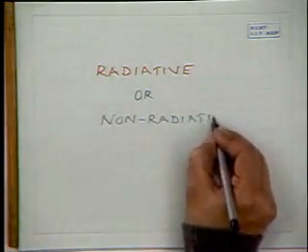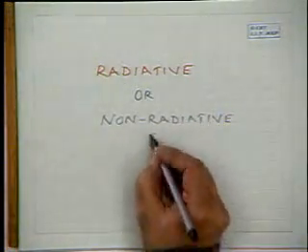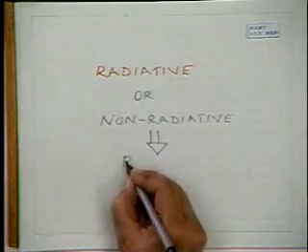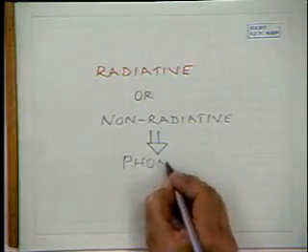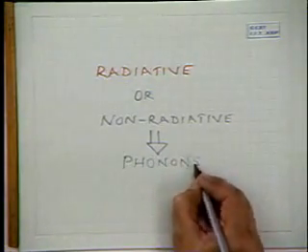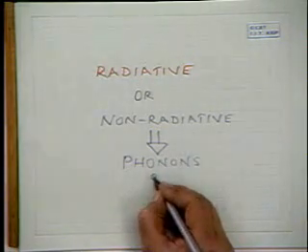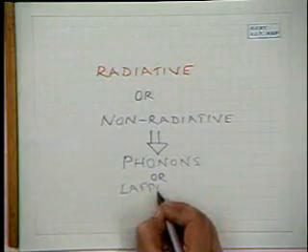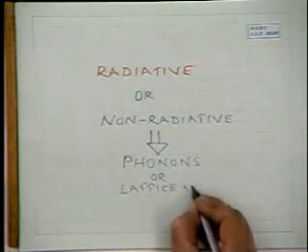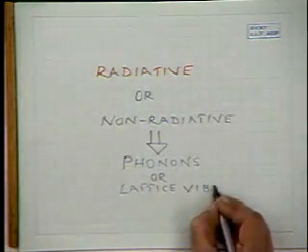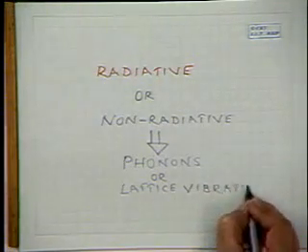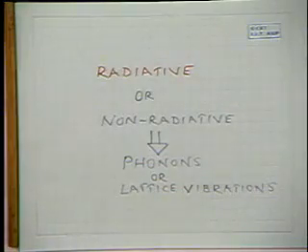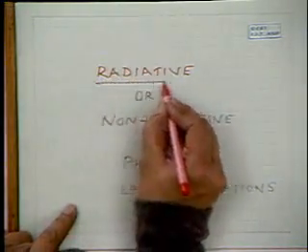In this case, as we'll see, the energy is given to phonons or lattice vibrations, which just results in heating of the sample. We shall now be concerned with radiative transitions.